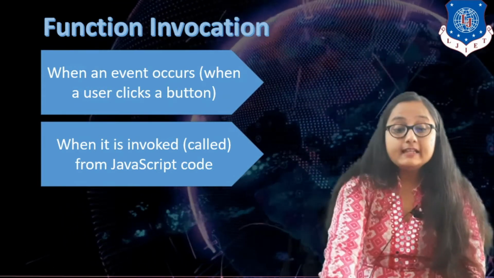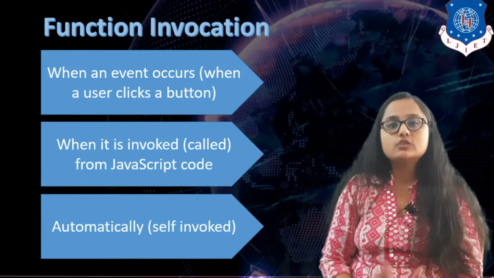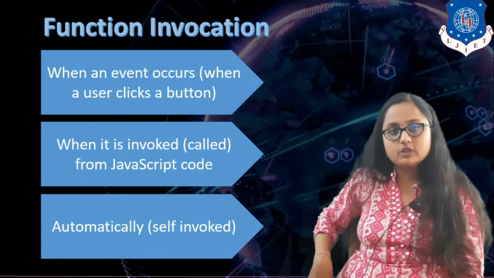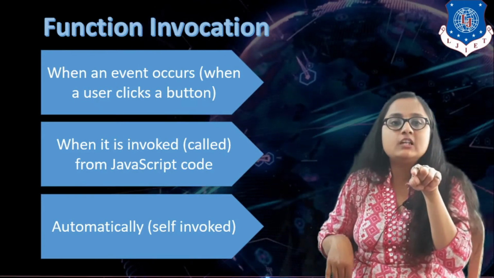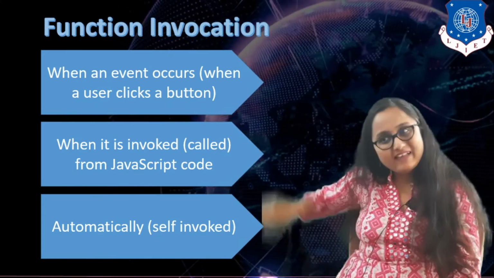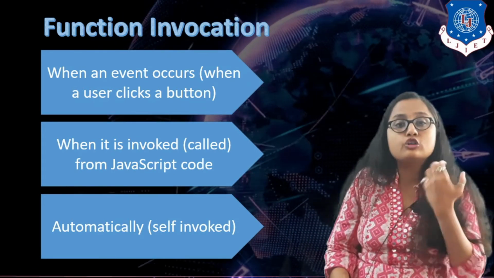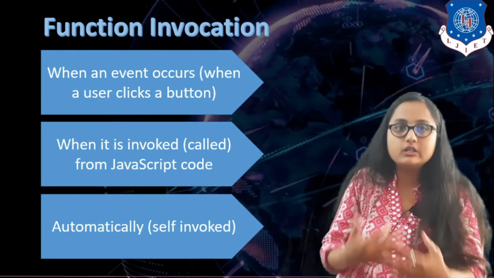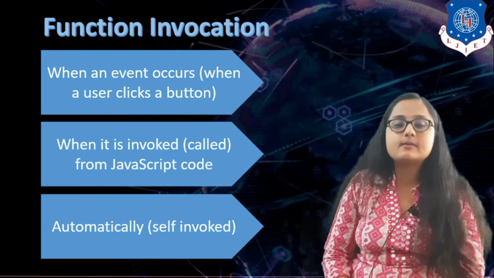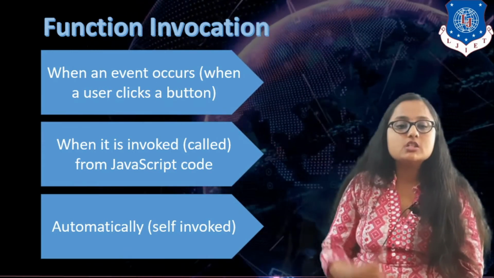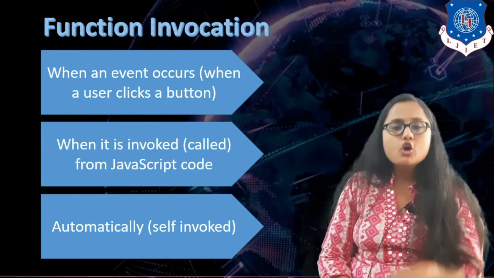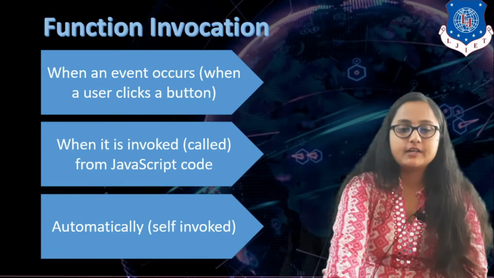And the last is you can self-invoke the function. When you don't want to separately invoke the function, you write the whole function in parentheses. So parentheses, then the whole function, and then parentheses. This means you are automatically calling the function. You don't need to separately invoke it. This is rarely used but used in some scenarios. The majorly used scenarios are when you want the function to be called on some event, or called in JavaScript code, right?